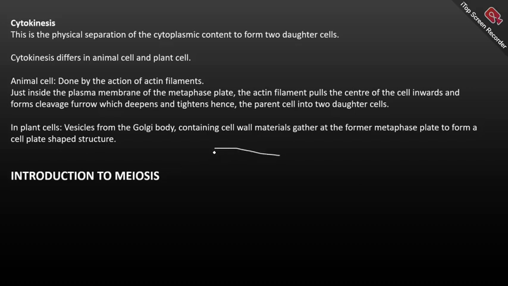To explain this better, it's more like this. There will be no formation of actin filaments because of the cell wall. It's very difficult to break down. So, from the Golgi body, the vesicles will start to be produced. Then they will come and line up at the center of the cell. They will continue to be there. Then when they merge with the cell wall, the cell is going to break down.